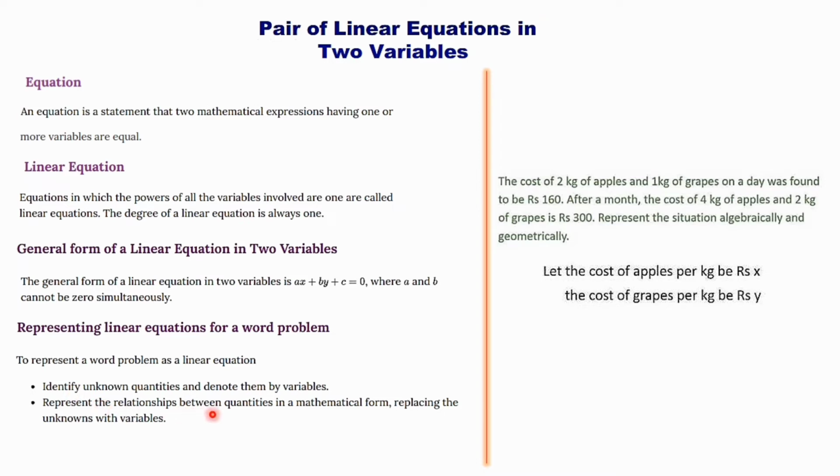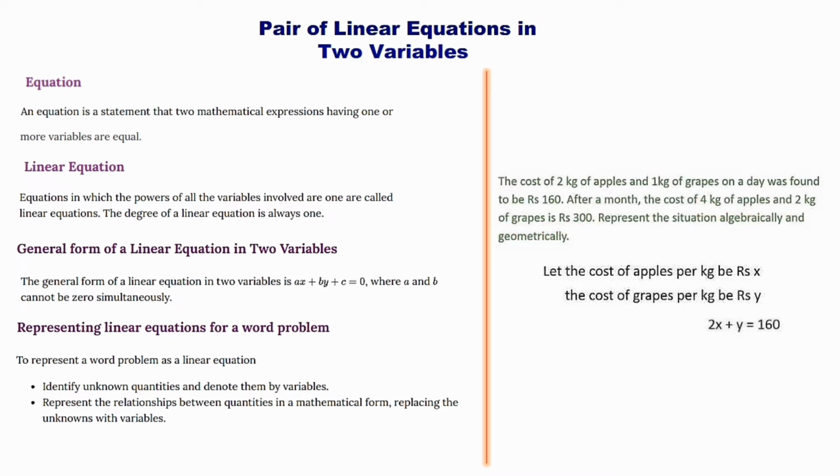Next, represent the relationship. Here you can see the cost of 2 kg of apples and 1 kg of grapes on a day was found to be rupees 160. 2 kg, that is 2 into per kg value x, that is 2x, plus 1 into per kg value y, so 1 into y, is equal to total 160. Then after a month, the cost of 4 kg of apples and 2 kg of grapes is rupees 300.